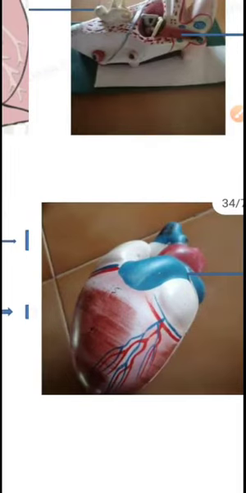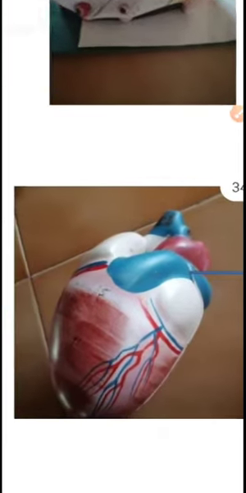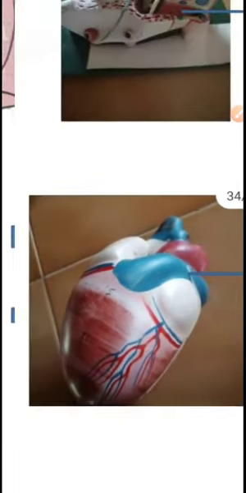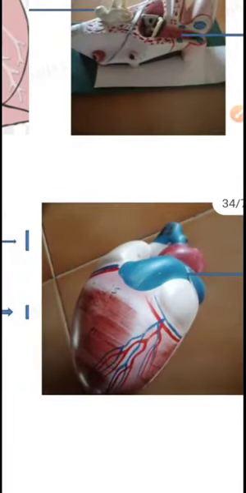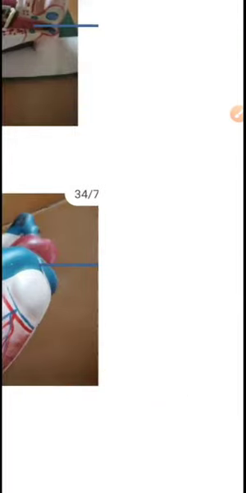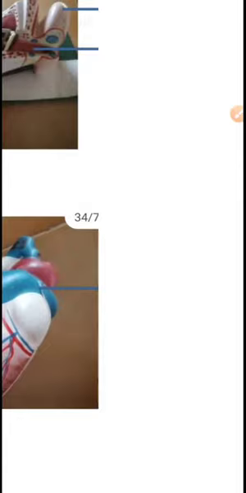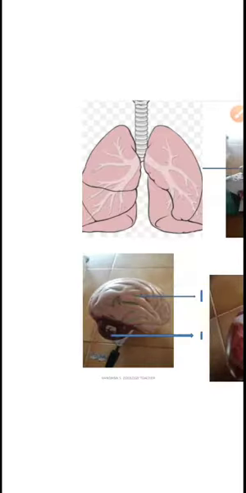It is the organ which helps in pumping of blood. Helps in supply of oxygenated blood to the tissues in the body. Any one function will do.